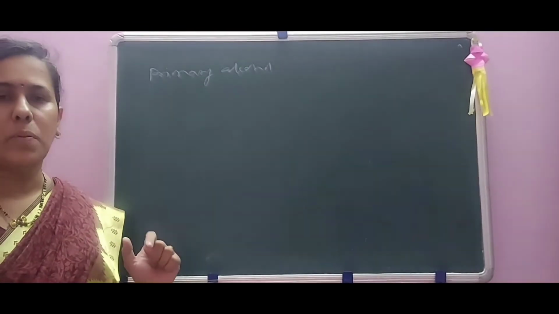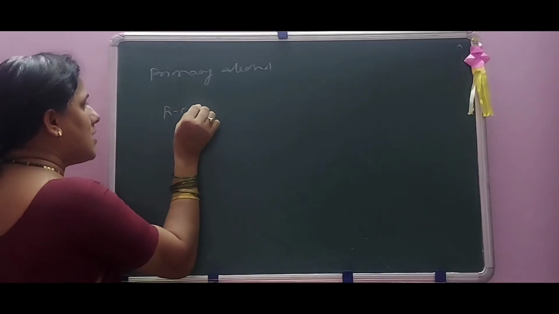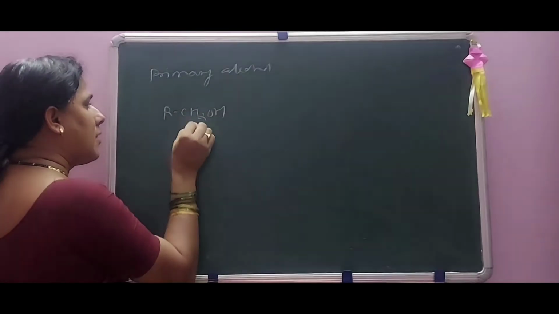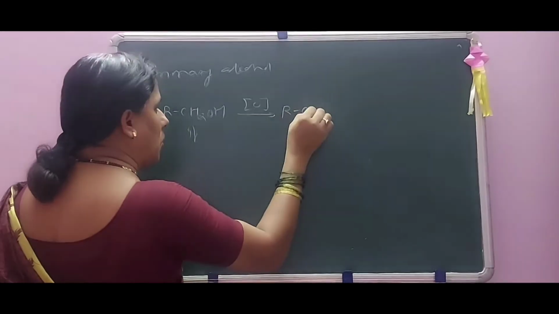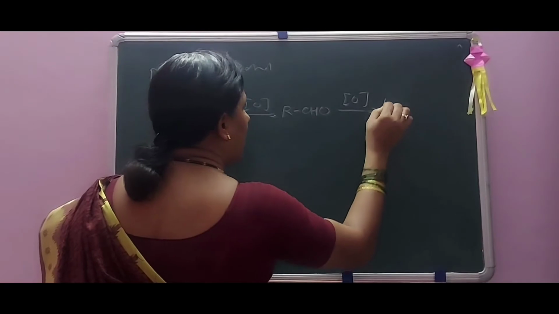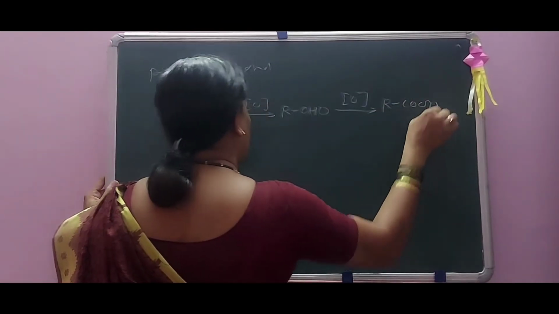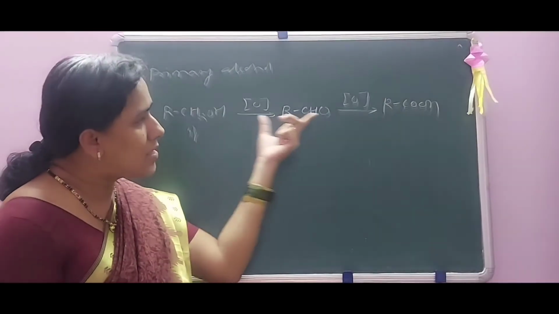When the alcohol is present as a primary alcohol, RCH2OH, it is oxidized first to RCHO and then it is oxidized to a carboxylic acid.